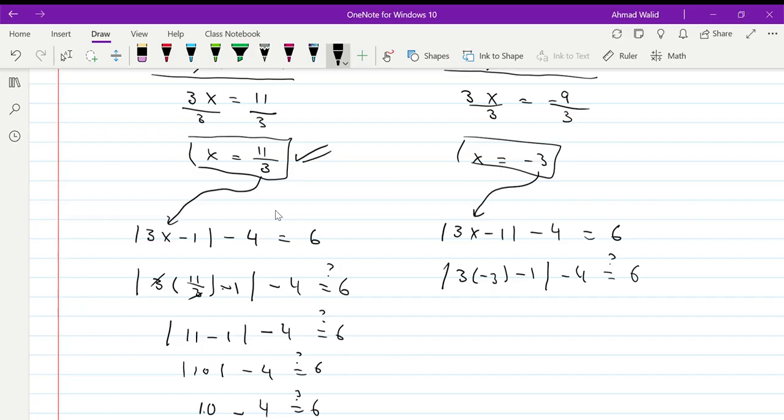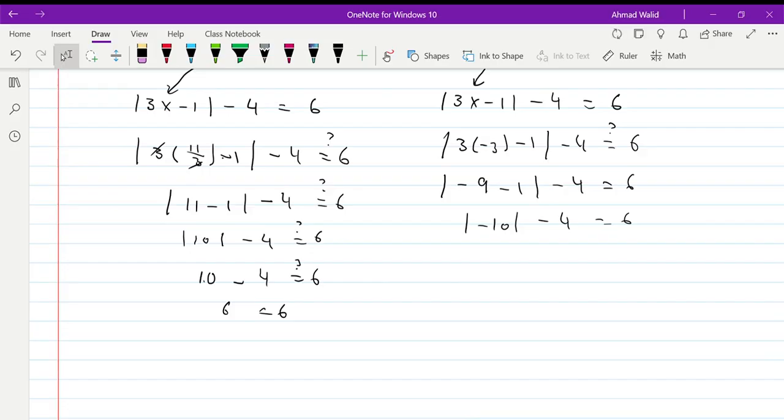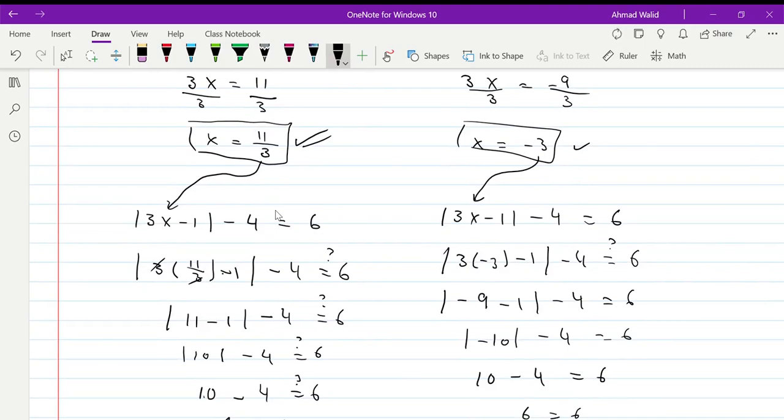Let's check it. 3 times -3 gives you -9, minus 1 gives absolute value of -10, minus 4. Absolute value of -10 is 10. 10 minus 4 gives you 6. 6 equals 6. Yes, correct. Then -3 is also a solution for my equation.